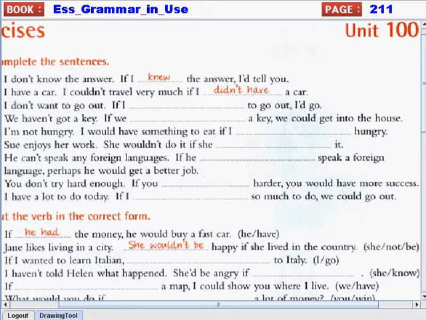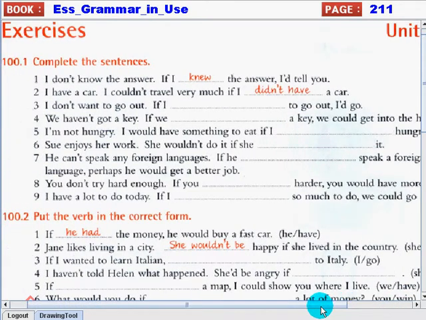If the if clause comes first, a comma is usually used. And if the if clause comes second, there's no need for a comma. We also learned that we use the structure of sentence if plus past tense of verb when we talk about unreal situations in the present or in the future.